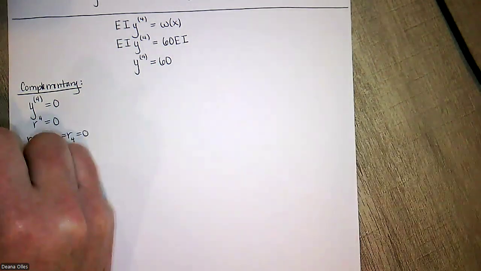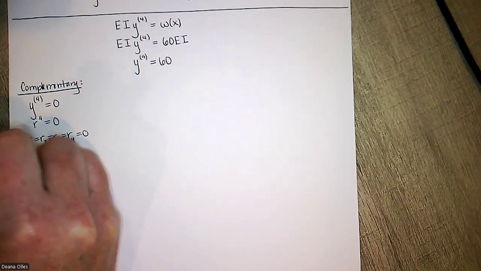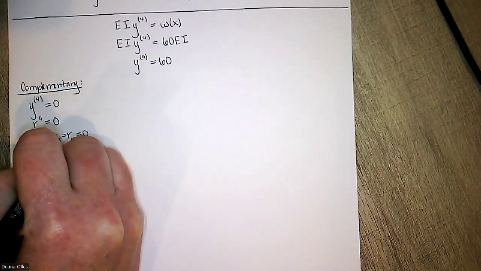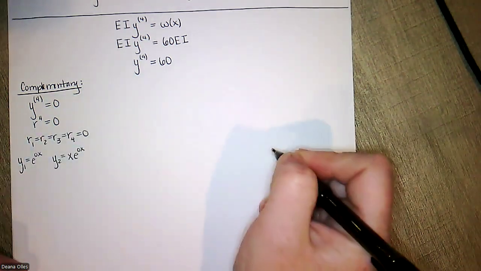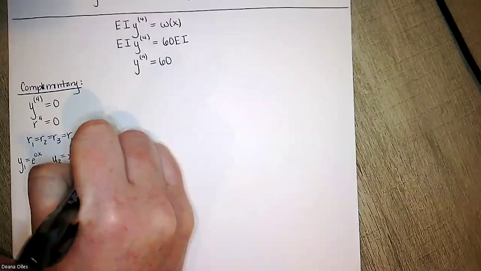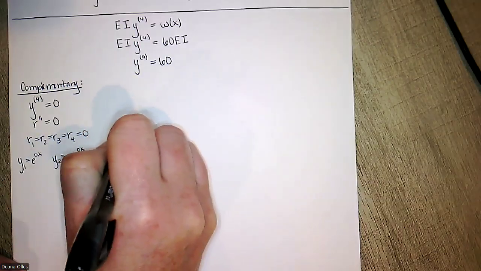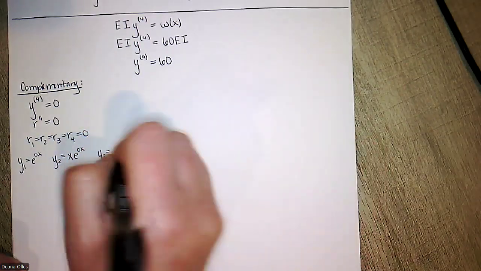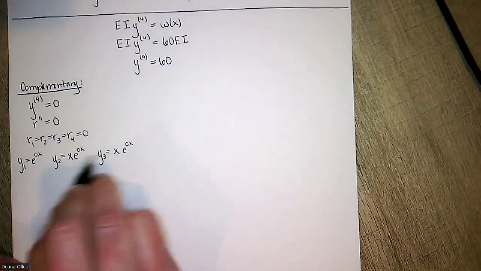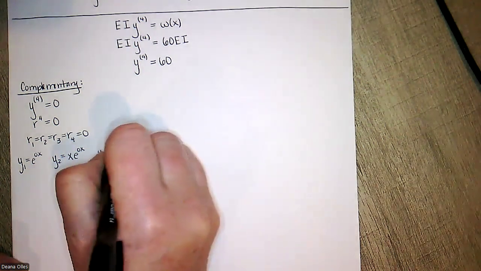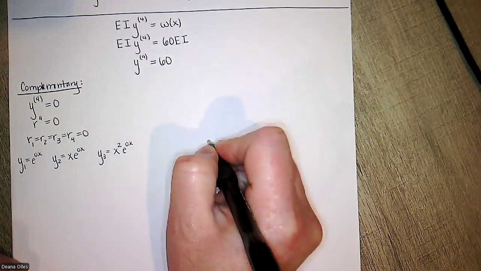So that means y1 is e to the 0x. y2 would also be e to the 0x, but it can't be, so linear independence tells us we need to multiply by x. y3 should also be e to the 0x, but it can't be, so we would multiply by x, but that doesn't work either, because now this is linearly dependent, so we multiply by x again, giving us x squared.